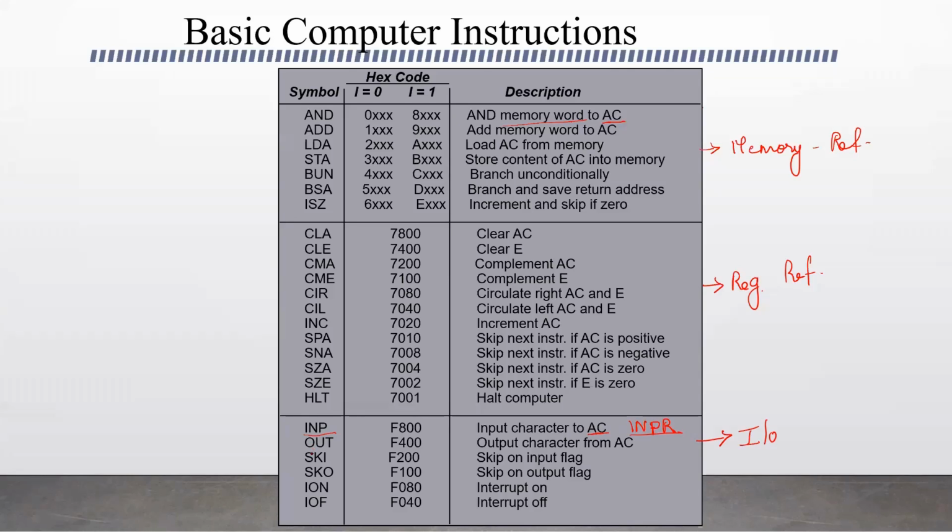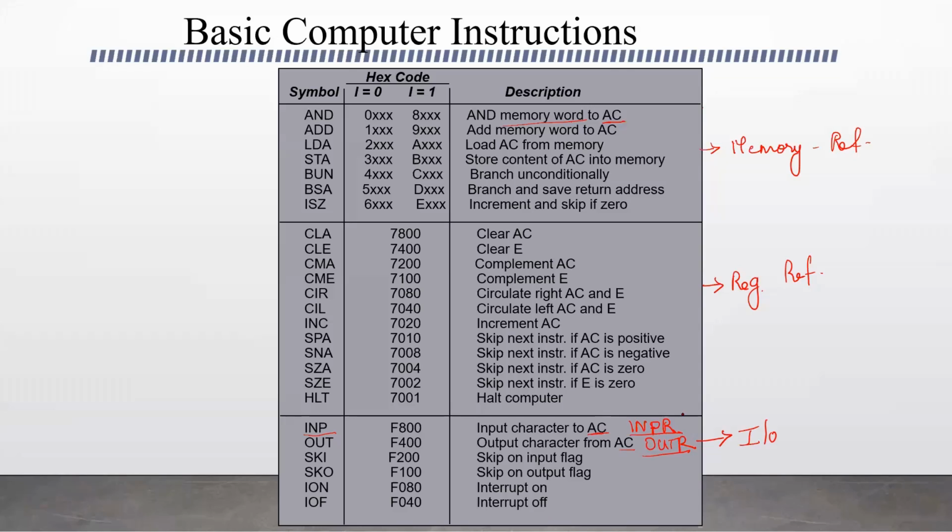And OUT is the instruction that outputs the character from AC. AC will have the result after processing, so it will be transmitted to the output terminal. In between the accumulator and the output terminal, we have OUTR, so the content will be transferred to OUTR and then later transmitted to the output terminal.